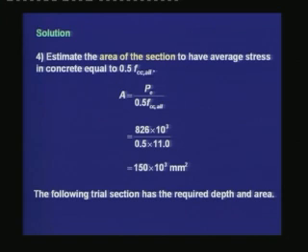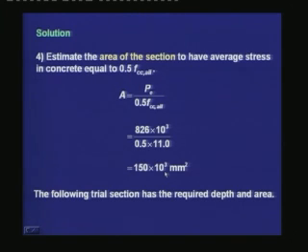We are also estimating the area of the cross section to have average stress in concrete equal to 0.5 times the allowable compressive stress at service. A is equal to P_e divided by 0.5 times f_cc allowable, equal to 826 times 10 to the power 3 divided by 0.5 times 11, which is equal to 150 times 10 to the power 3 millimeter square.